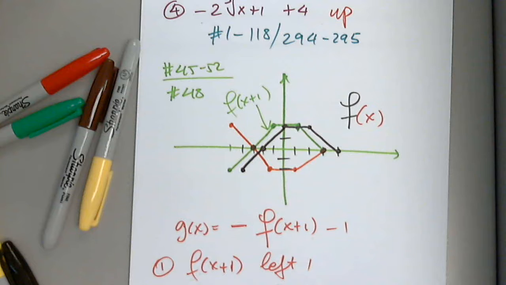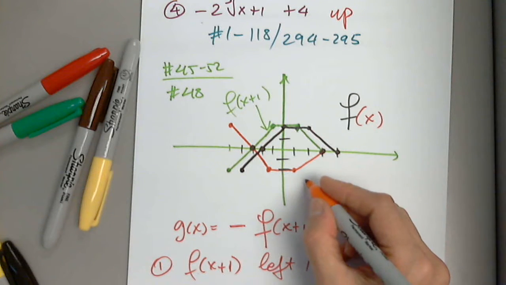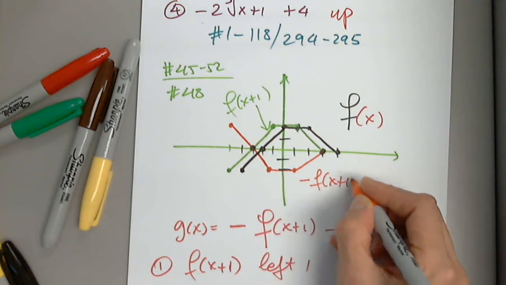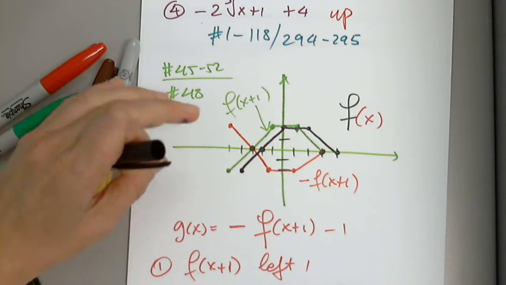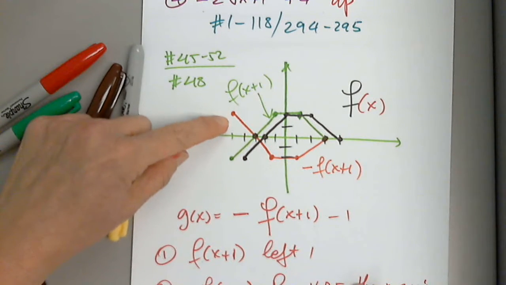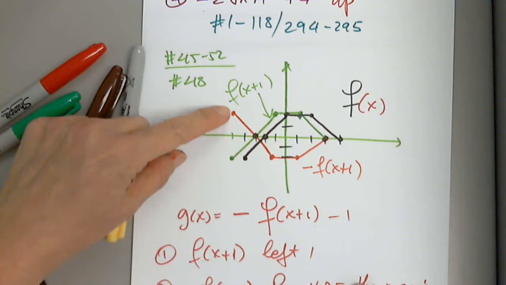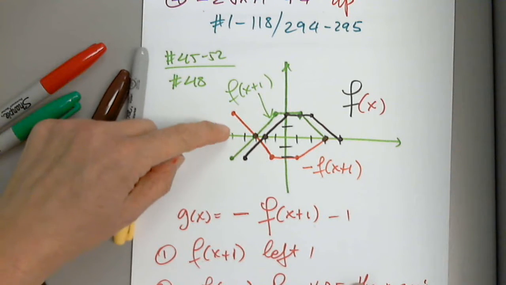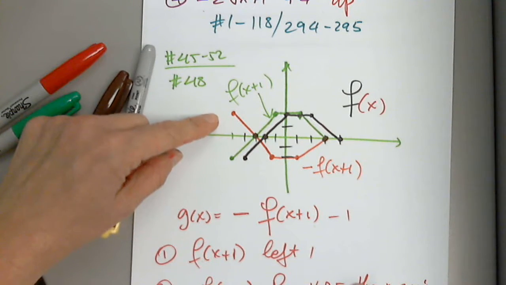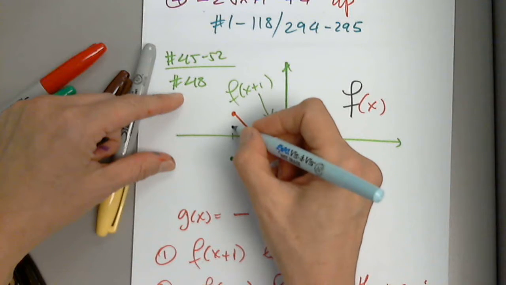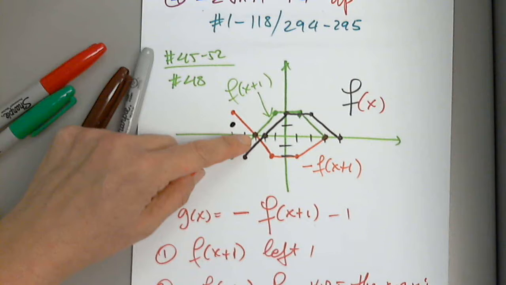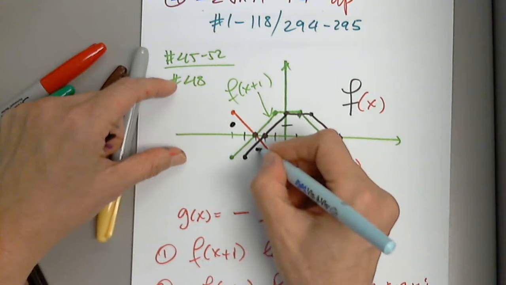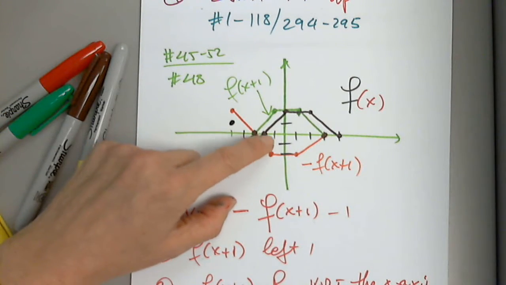Which function is this again? Final step, please. Move it down 1. So this height, because it's a transformation in y, this height is at 2. Where does it go? This height is at 0. Where does it go? This height is at negative 2.